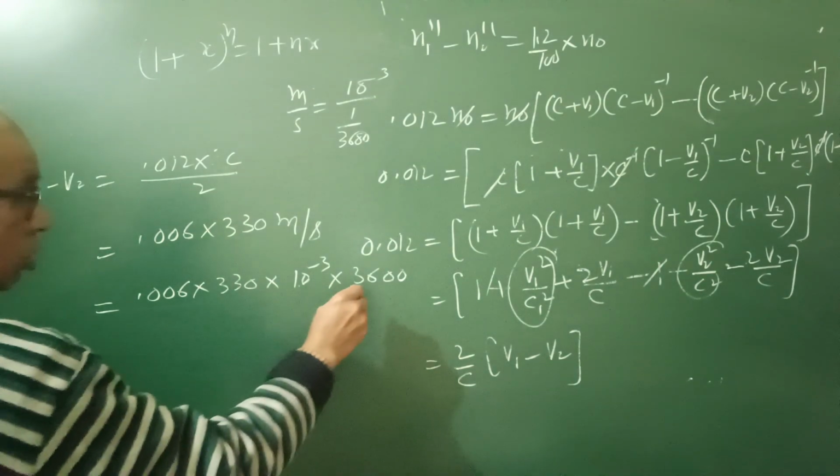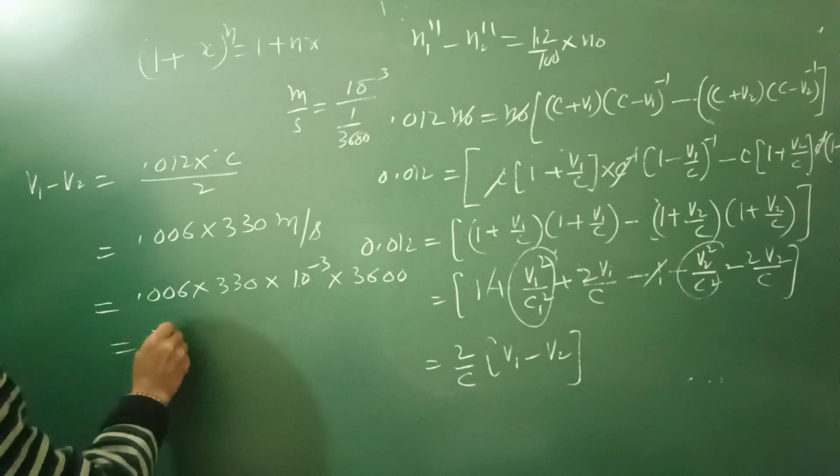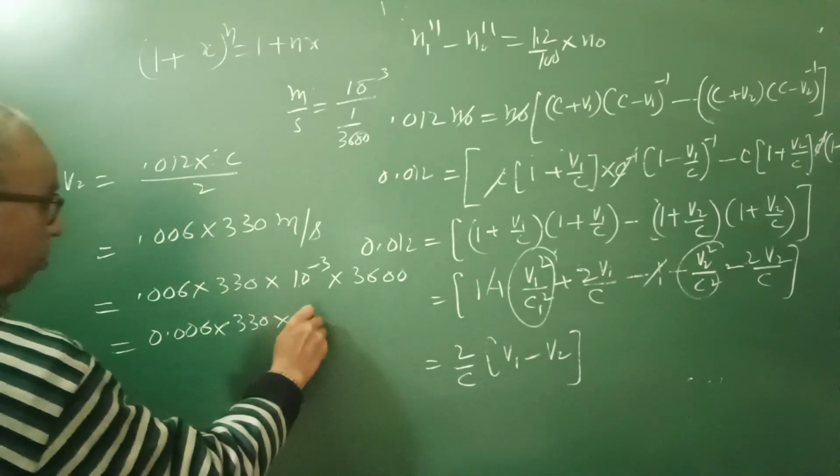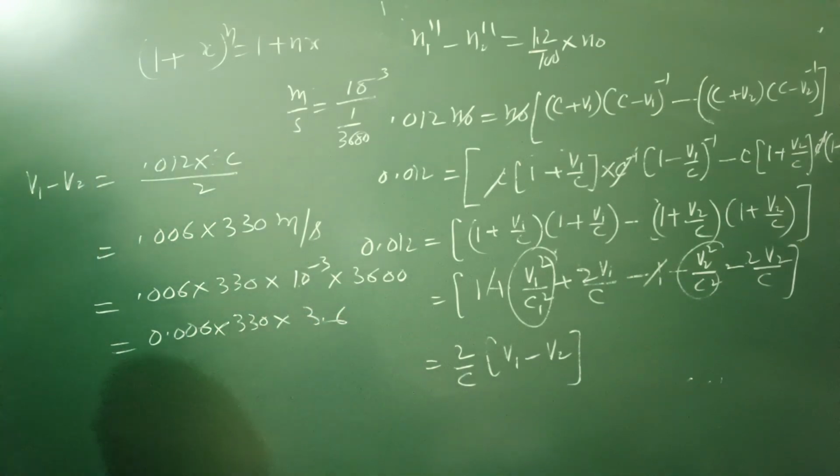So when we solve it, this is 0.006 into 330 into 3.6.